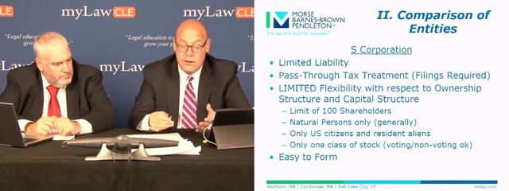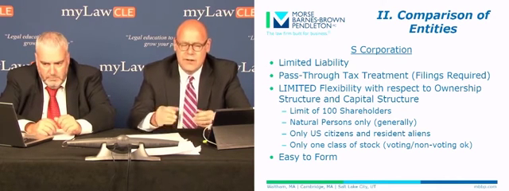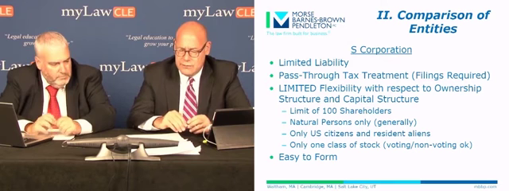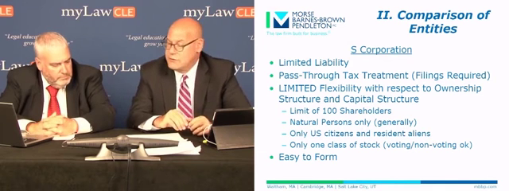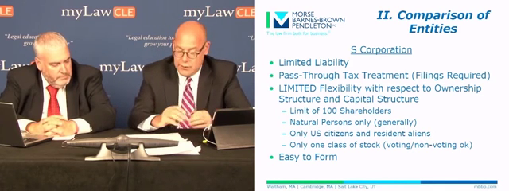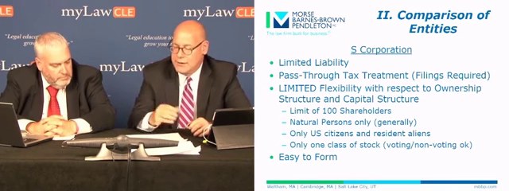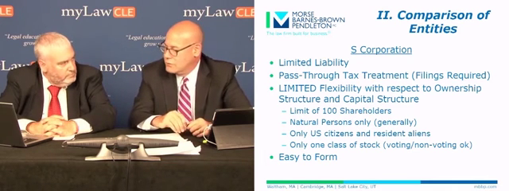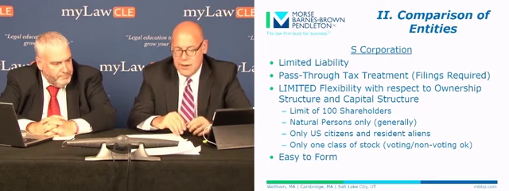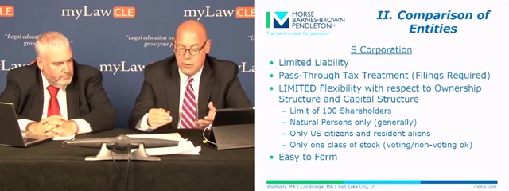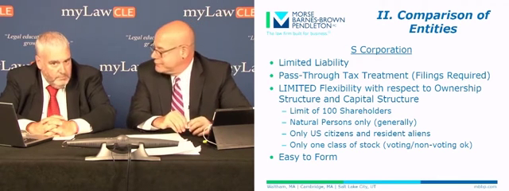So the question is, what do you do? Well, one thing you could do is you could simply terminate your S status. You could form the new class of equity and take in an owner which doesn't qualify, if somebody's not eligible, and go forward as a C corporation.